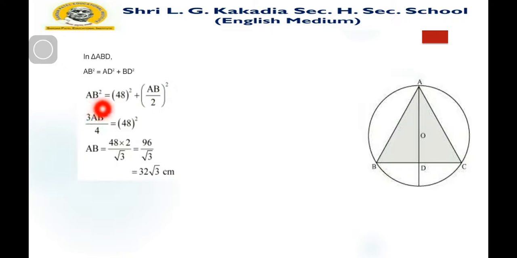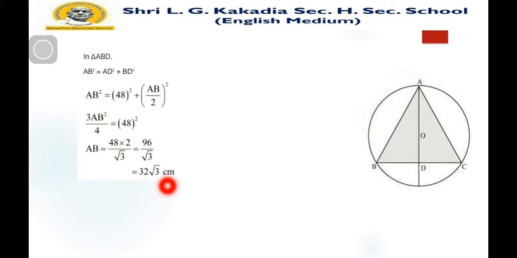So AB square is equal to 48 square plus half of AB, whole square. Here we move AB by 2 square to the LHS, then we get 3 AB square by 4 is equal to 48 square. Hence we can find AB is equal to 32 square root 3 centimeter.